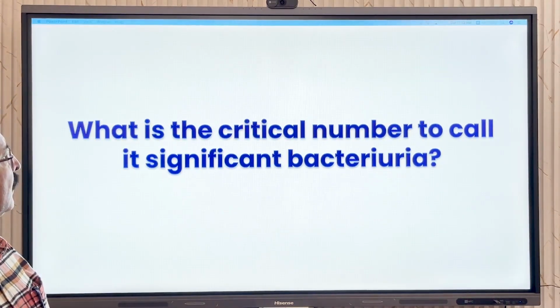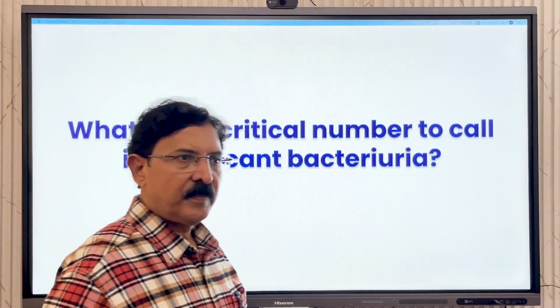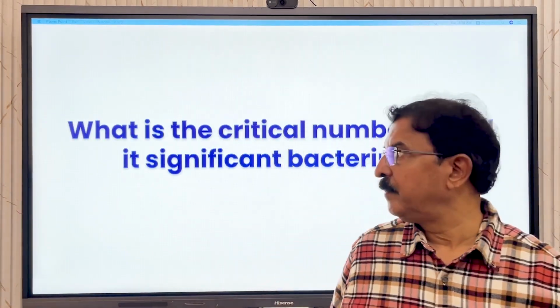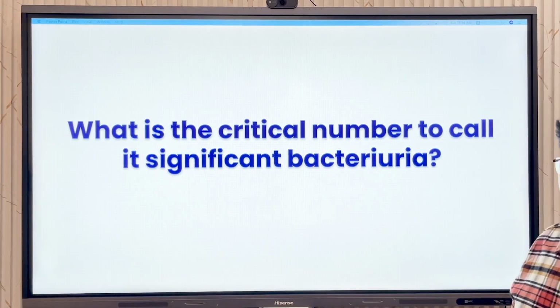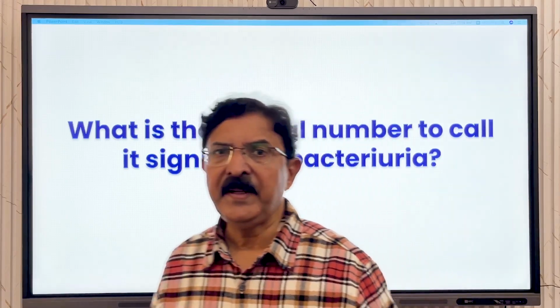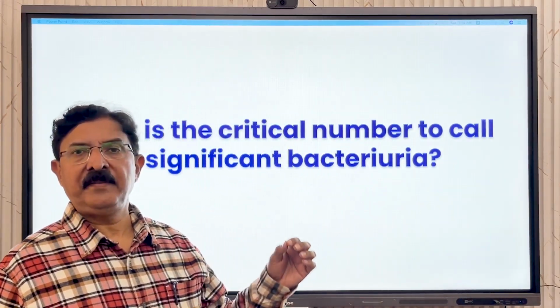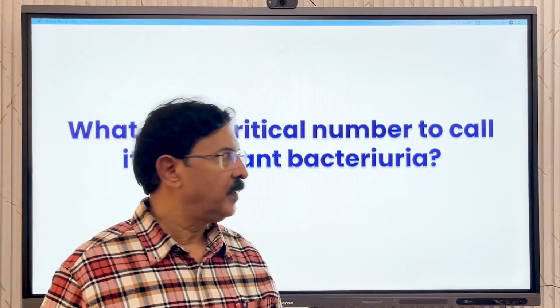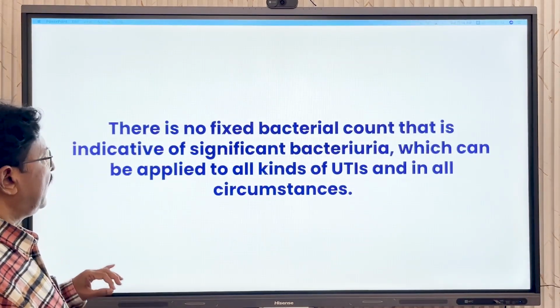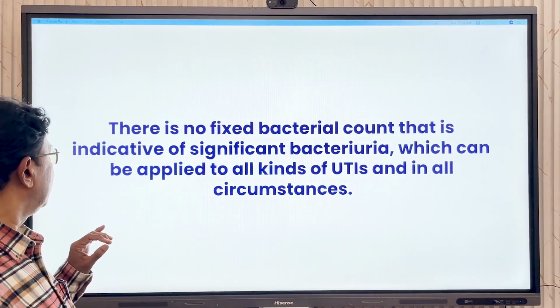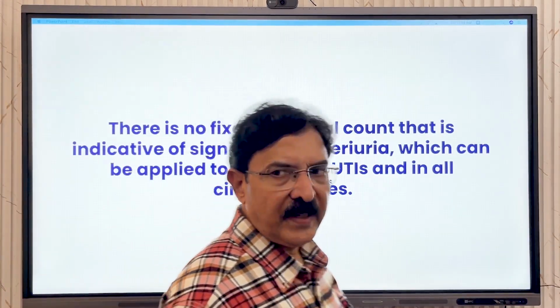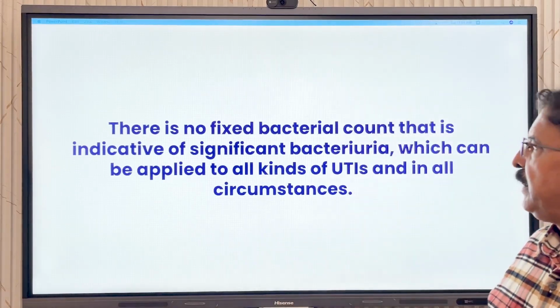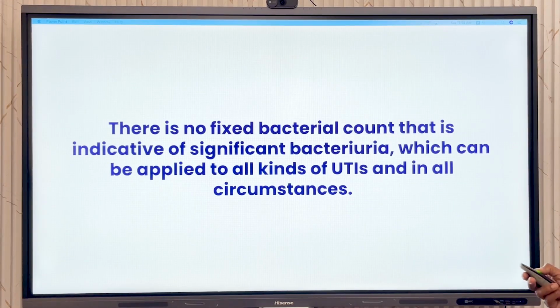And then when the culture report comes, what is the critical number to call significant bacteriuria? We have been taught that 10 to the power 5 is the crucial number, but this has changed today. There is no fixed bacterial count indicative of significant bacteriuria that can be applied to all kinds of UTIs and in all circumstances.